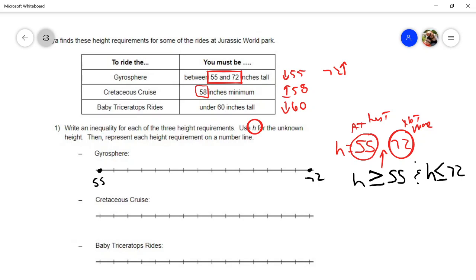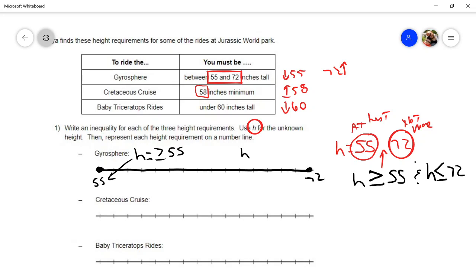Now, on a number line, to show that I'm including those numbers, I have to have a filled in circle. Okay? And everywhere in between. So again, my height is greater than or equal to 55, which is what you see here.